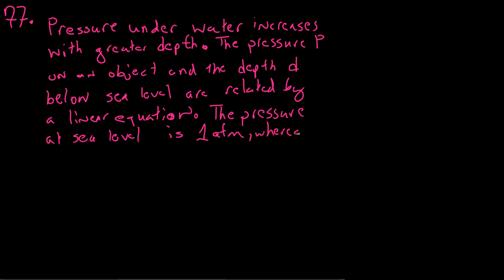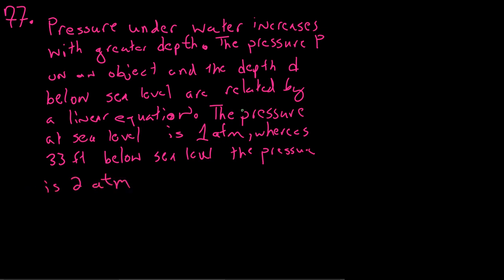Whereas 33 feet below sea level the pressure is 2 atmospheres, and those are T's. That wasn't an F, that was just a little crook on my T. All right, so we want to find an equation representing pressure.